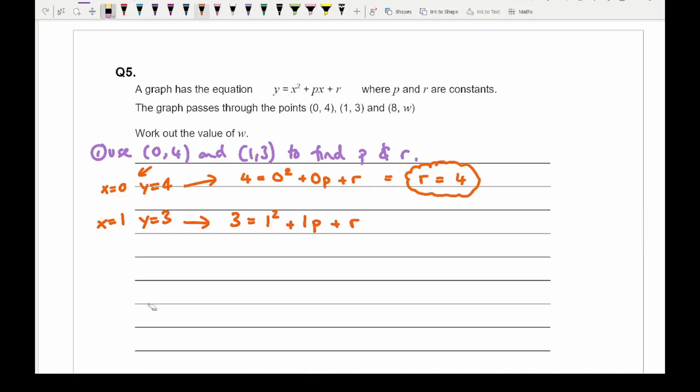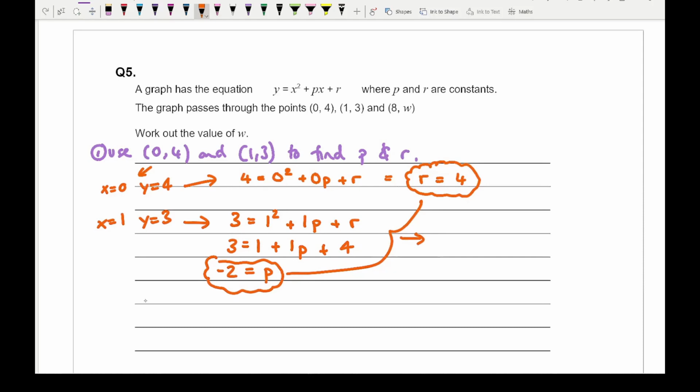Then simplifying all of that, I get 3 equals 1 plus p plus r. I know that r equals 4, so it's going to be 1p plus 4. So from this, taking away the 5 from the 3, I get minus 2 equals p, and there is my value of p.